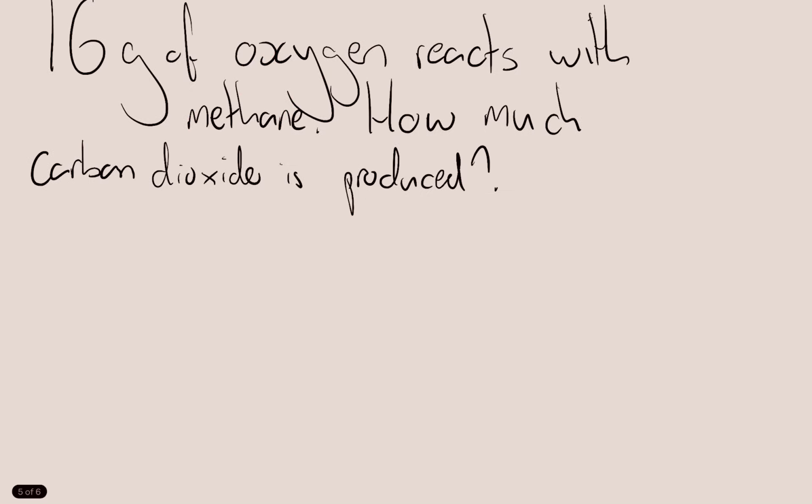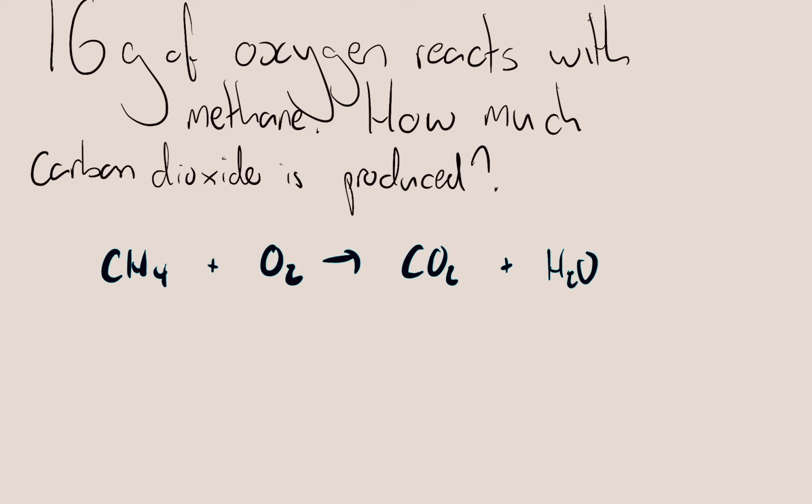Methane, meth meaning one, ane saturated, so we've got CH4 plus oxygen is O2, it's diatomic, makes combustion, we're always going to have CO2 plus H2O. Let's not worry about state symbols for now. And we balance that. We're going to need 2 of the H2O, otherwise we're odds. We need 2 O2 as well.